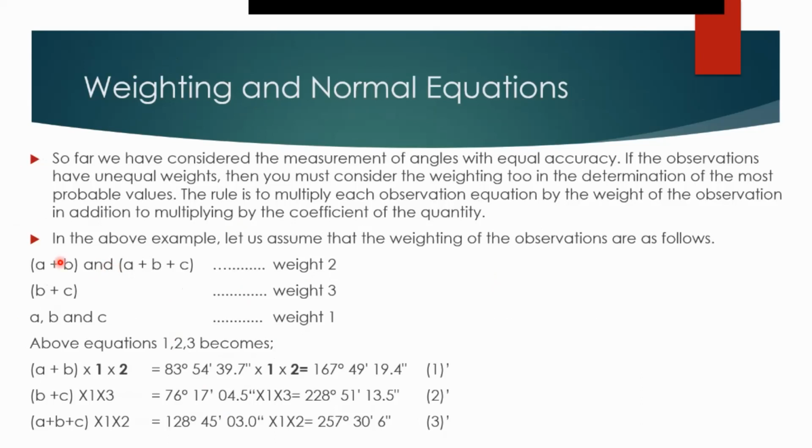Now in this case, if for a + b and a + b + c, those two equations have weight 2, you have to multiply a + b by 1, which is the coefficient of a, and also multiply it by 2 to obtain the normalized equations, right?